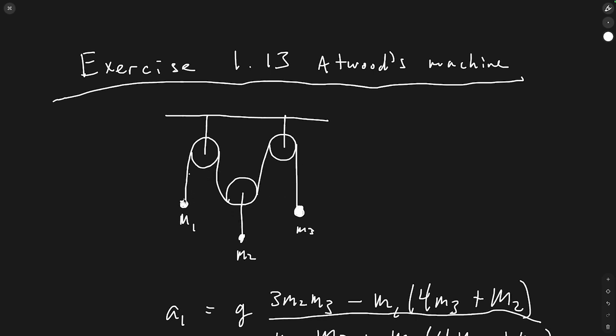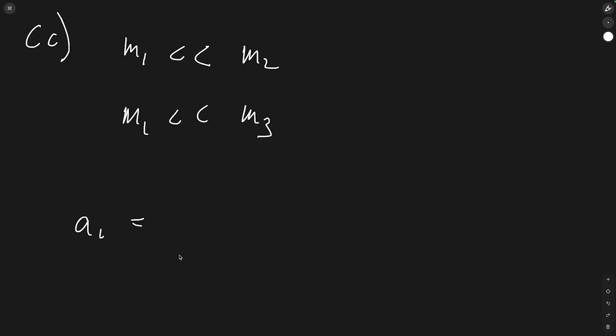So it's probably not necessarily positive G, but definitely a positive value that's probably bigger than G, right? Because it's going to accelerate due to the two combined masses. All right, so we have G, and M1 is much smaller than M2 and M3, right?